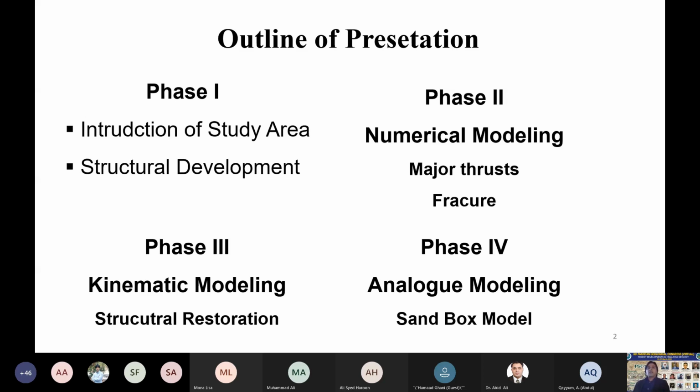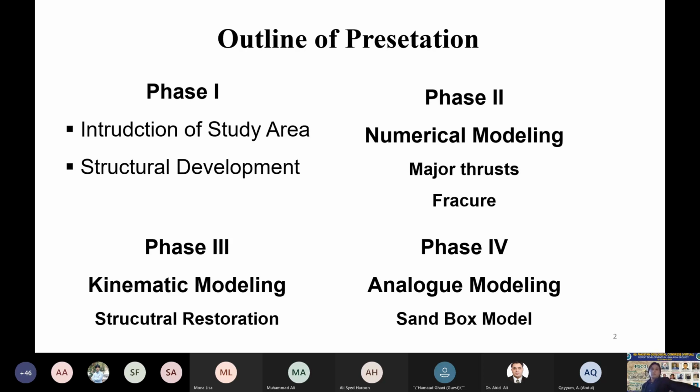After that, I will switch to phase 2, which is about numerical modeling. I separated this modeling technique into 2 different parts. First, I made a numerical model of major thrusts of northwestern Himalaya. I introduced 3-4 faults on the basis of their continuity and their division of the Himalayas. And in the second part, I made a numerical model of fractures of carbonate rocks in that area.